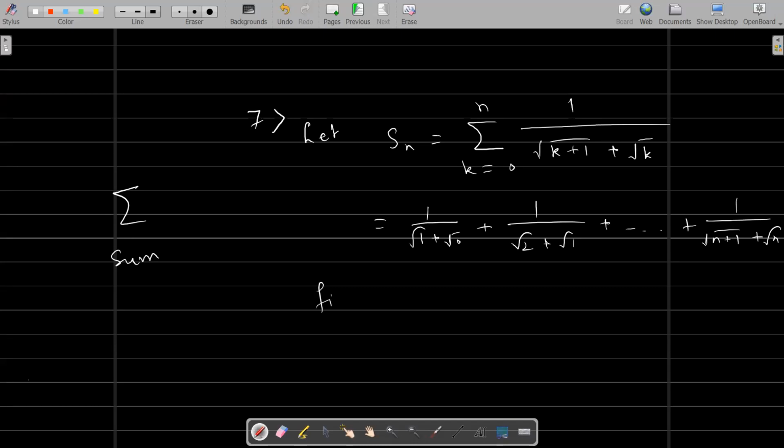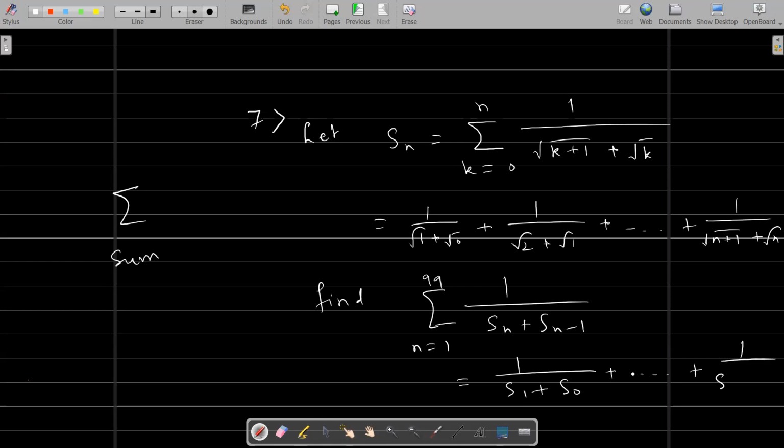Find summation n goes from 1 to 99, 1 by Sn plus Sn minus 1. Which means we have to find 1 by S1 plus S naught, and so on up to 1 by S99 plus S98.